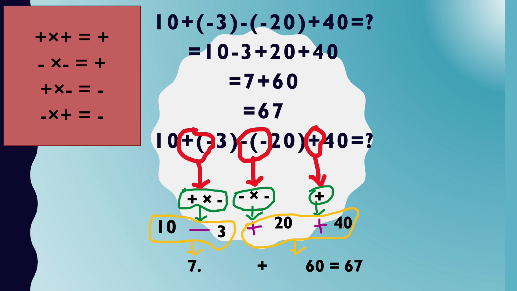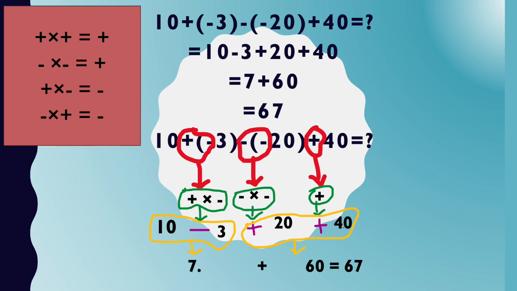Now you can see in the third line, we got the final step: 10 minus 3 plus 20 plus 40. Now we don't have brackets and it is not complicated, it is easy. Now we are going to calculate this one.